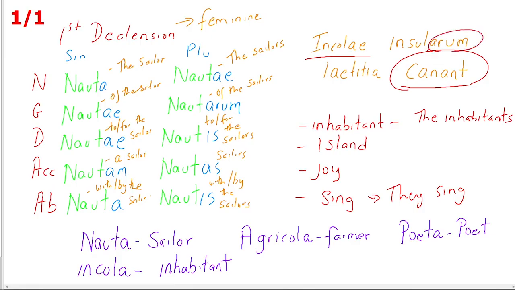Now, arum. Okay, there is only one, so we know it is genitive plural. How would we translate insularum? Of the islands. Then laetitia, okay, is it ablative or is it nominative?